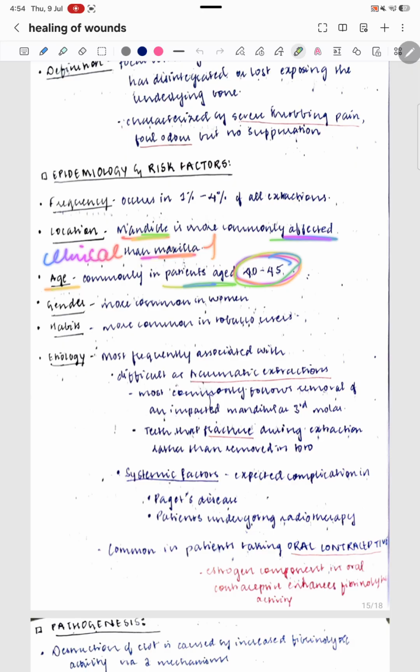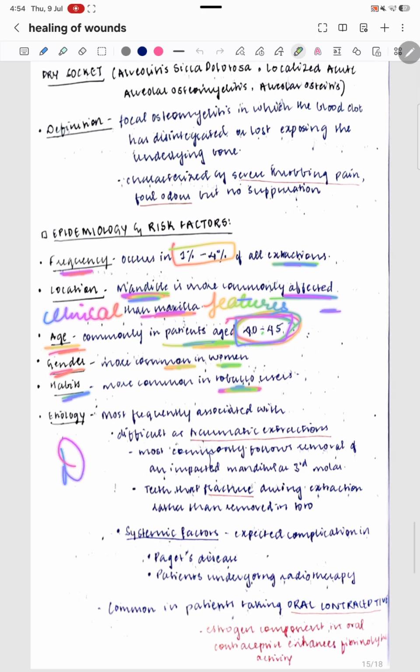The first was frequency, 1 to 4% of all extractions. It occurs more in the mandible than the maxilla. Age is more common in patients from 40 to 45 years. Gender is more in women. Habits: more common in tobacco users.